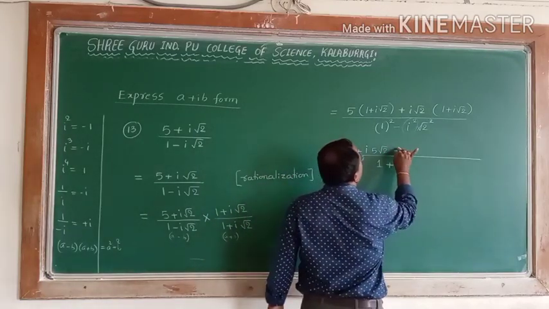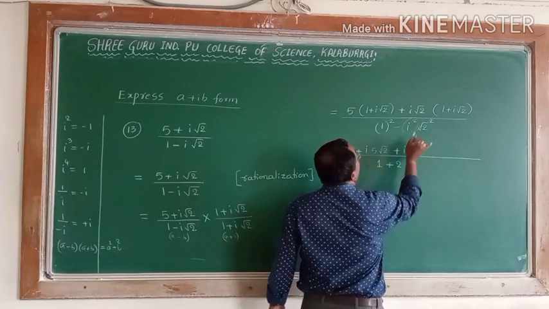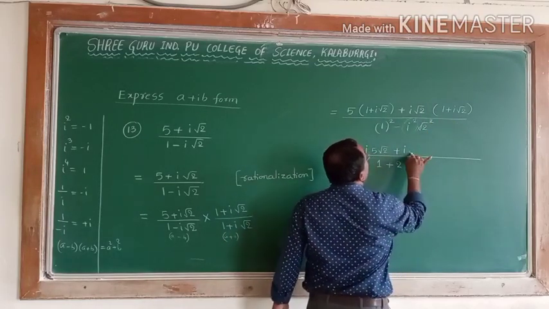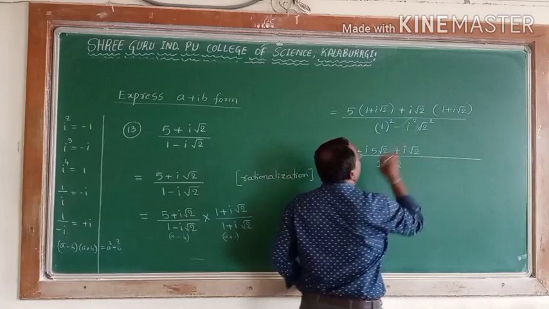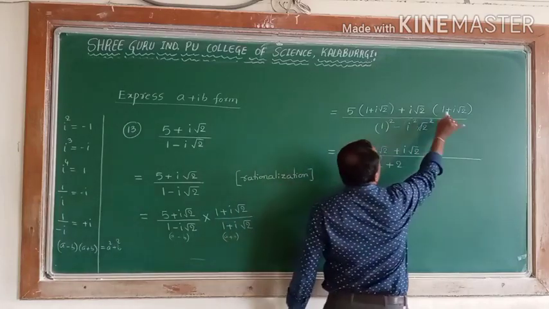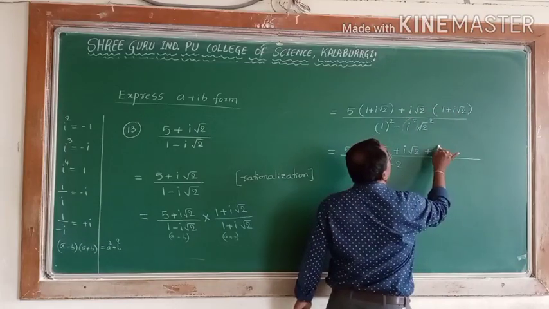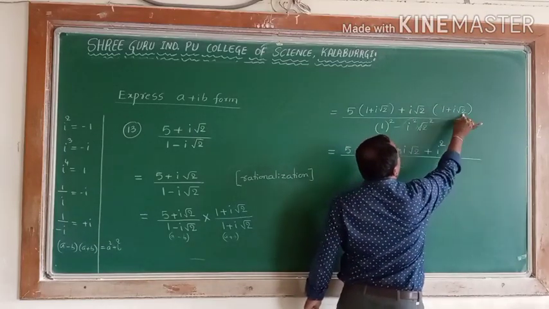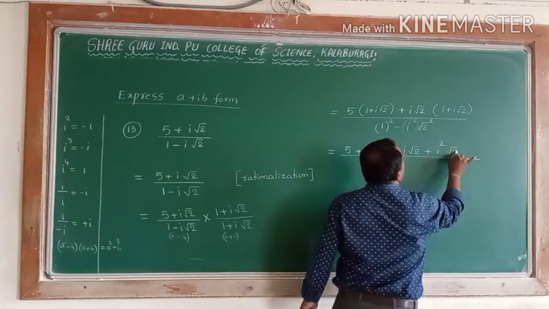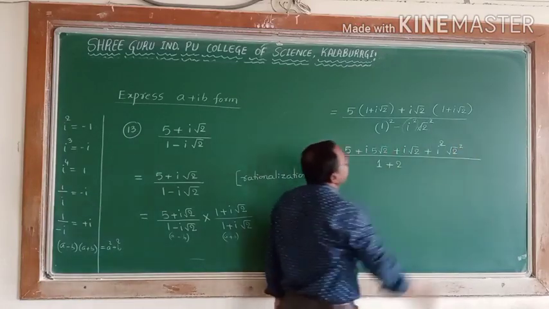Plus i times root 2 into 1, root 2, plus i squared root 2 squared.